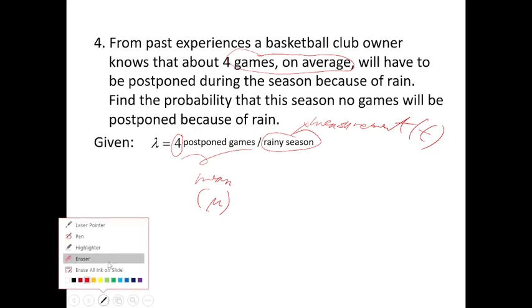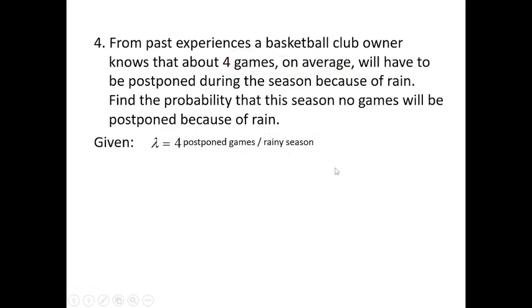So, anong daw yung tsansa na walang mapopostpone na game because of rain, considering na apat yung napopostpone na game because of rain, for every rainy season.